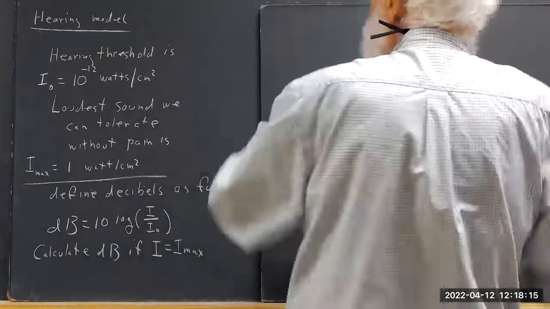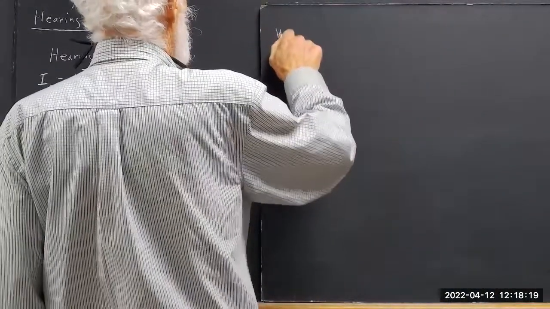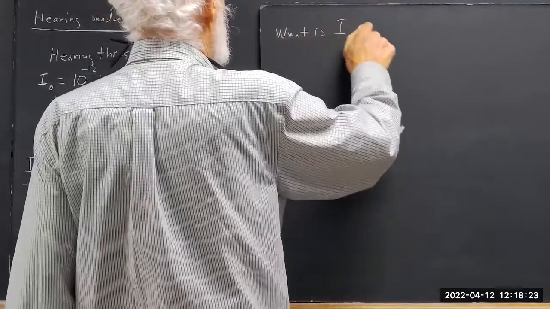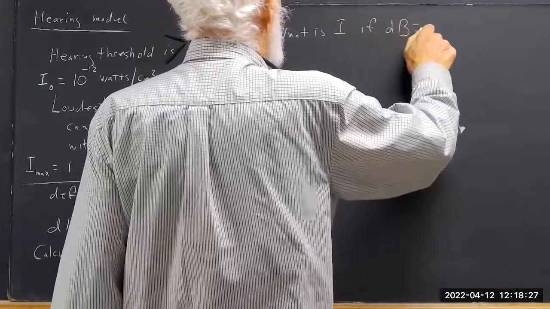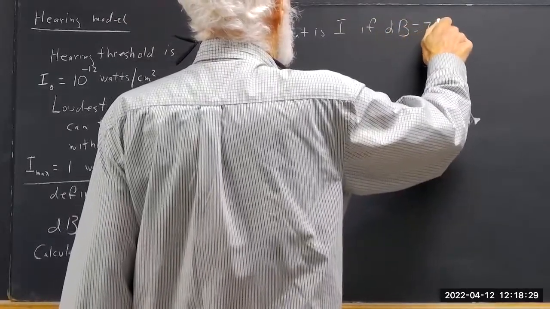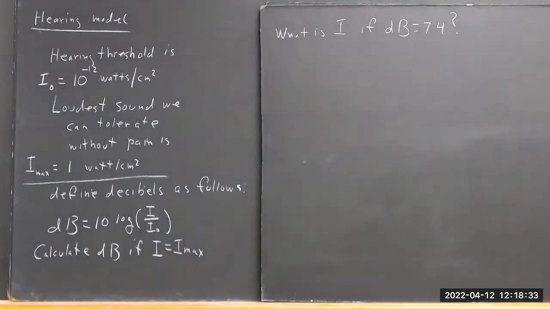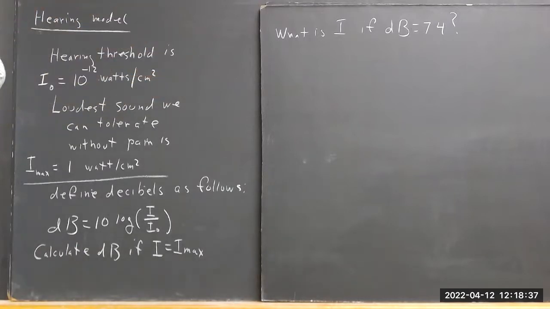So, what's the value of I if your decibel level is 74? Now 74 is a little louder than I'm talking.